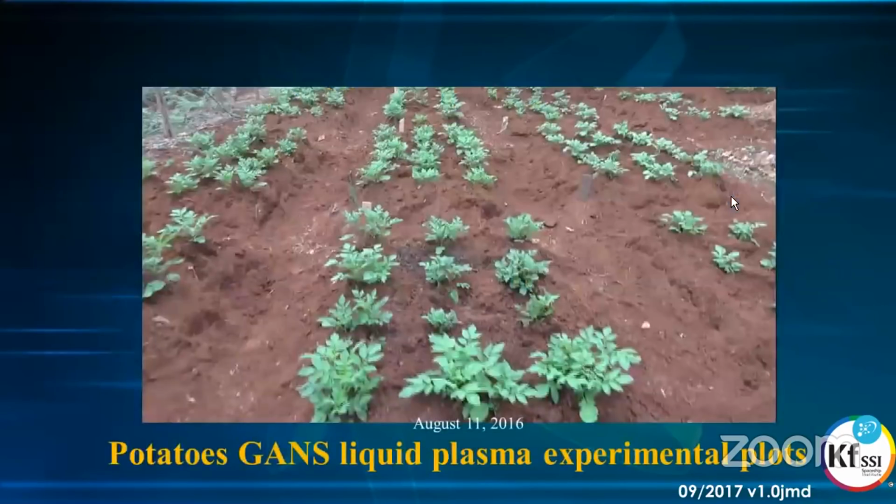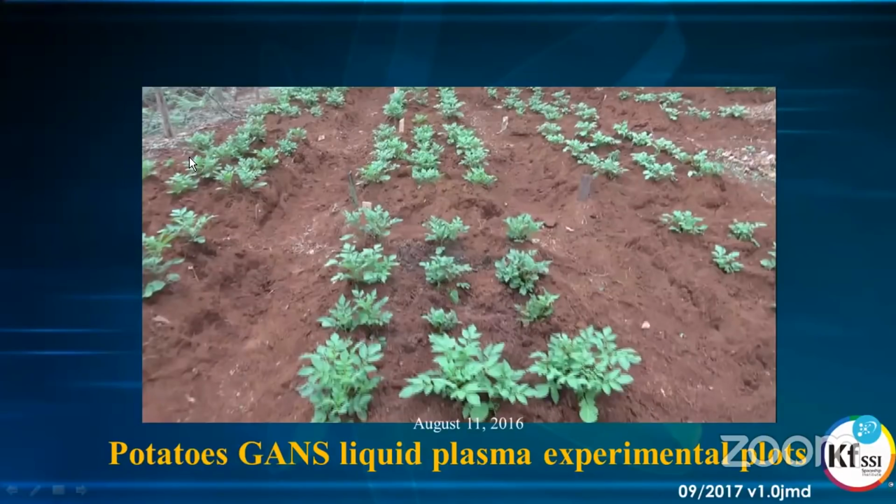These are potatoes that I grew in Kenya, and these are just experimental plots. What we have learned is that if you want to do very good experiments and you are testing GANS, for example, CO2, or together with zinc oxide and CH3, you have to have different plots in different places.